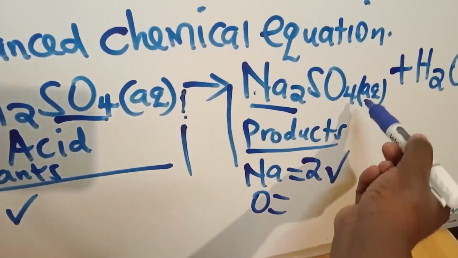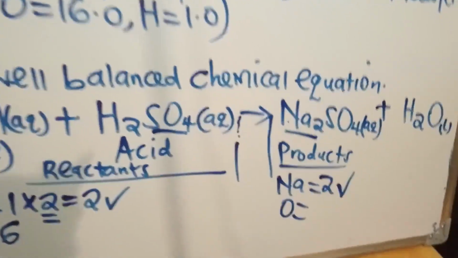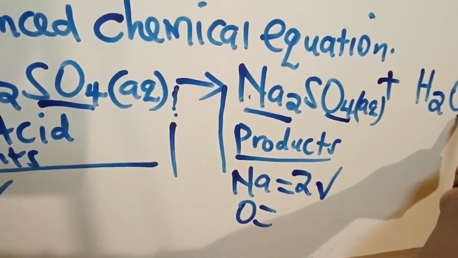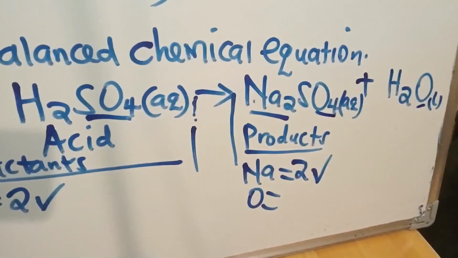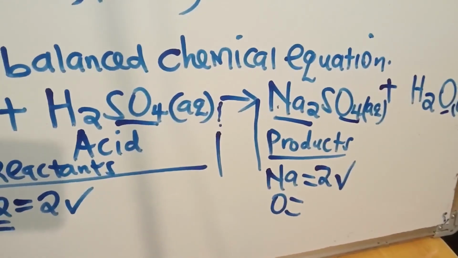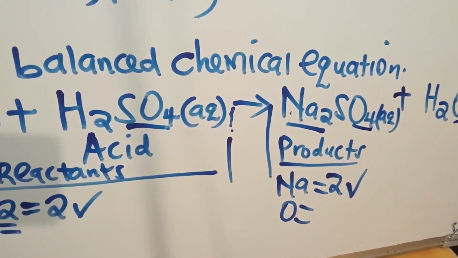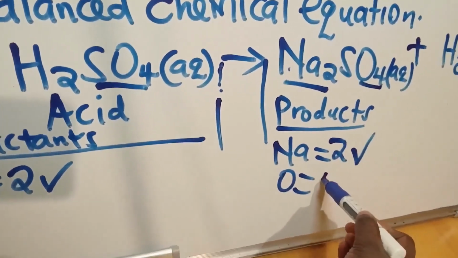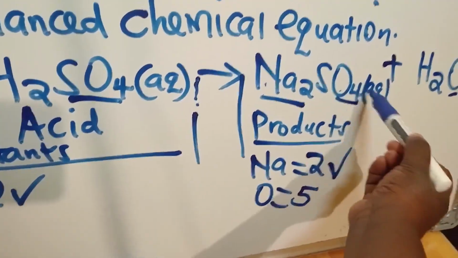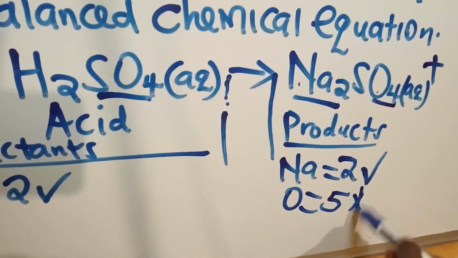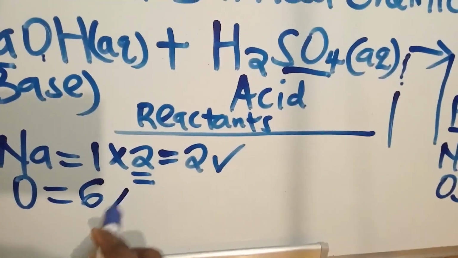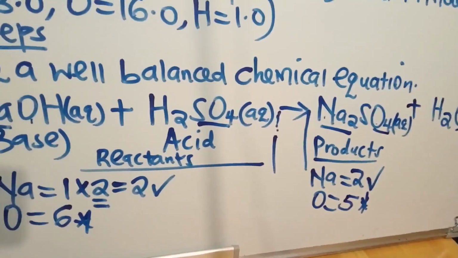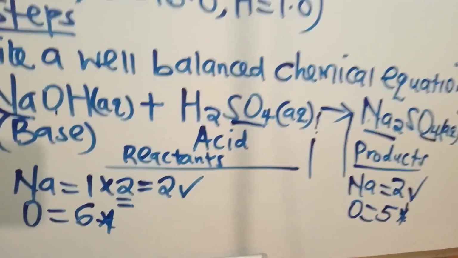So we have these 4, so we have 4 oxygens here, and then here we have 1. Last time I said that if you find an element that looks stubborn in the balancing, you leave it first. So we put like that. Here we have 5. These are 4 plus 1, and then you put a star on both sides. Now that it has not been balanced, you first of all move to the next.